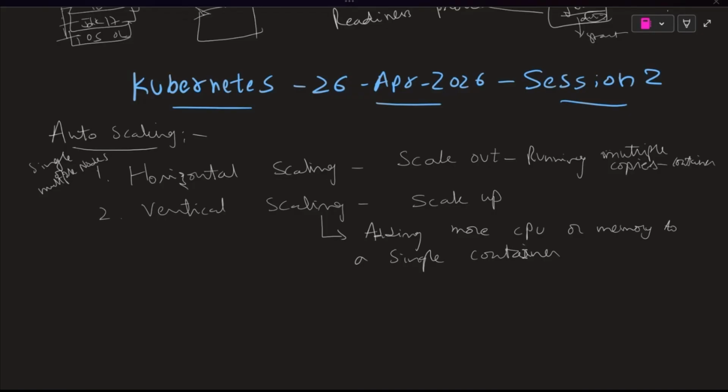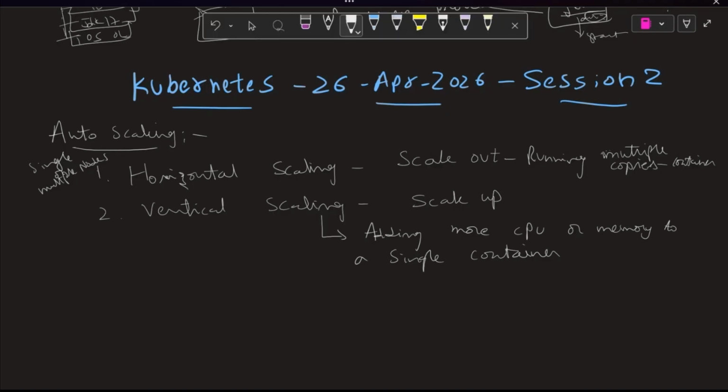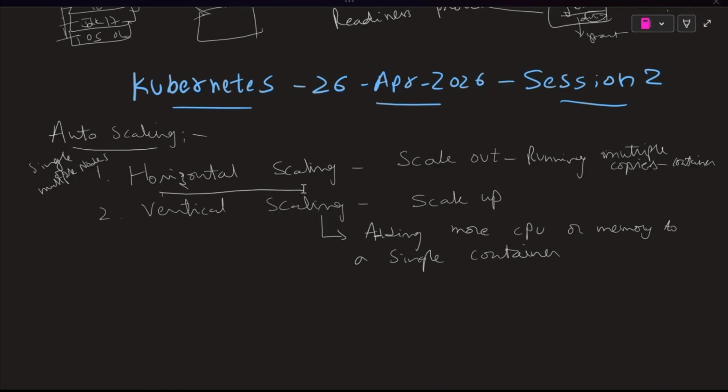Kubernetes primarily focuses on horizontal scaling because it is the right approach for containerized workloads. Kubernetes manages how many copies are running based on the actual load. So that is horizontal versus vertical scaling in Kubernetes.